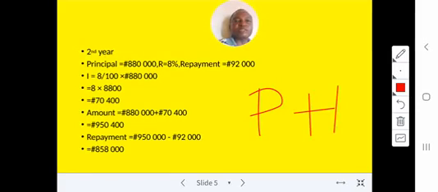So the repayment now will be 950,400, which is the new amount for this second year, minus the 92,000 naira, and that gives us 858,400 naira.